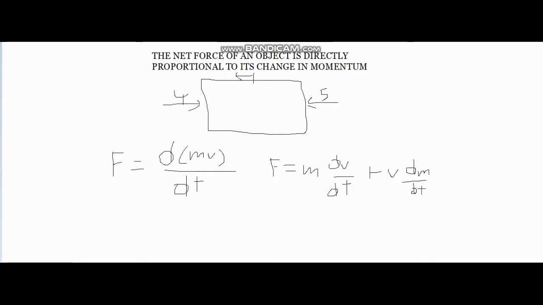Now, of course, when mass is constant, which is most of the times mass of the object is constant during motion, then dm/dt is going to be 0, because as you know, if you differentiate a constant, you always get 0. If dm/dt is 0, then when we multiply by v, this whole term will be 0. And we're going to end up with F is equal to m dv/dt.